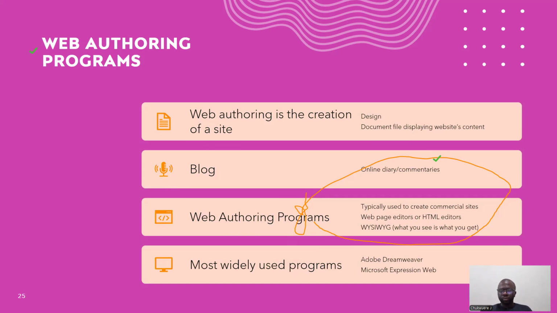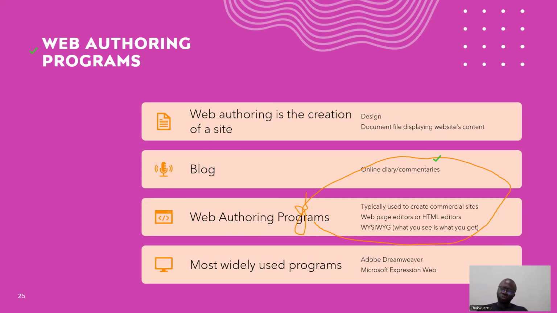Because remember, every website you see today is built behind a code, a language called HTML. So for that to happen, your web authoring program assists you to get it done.